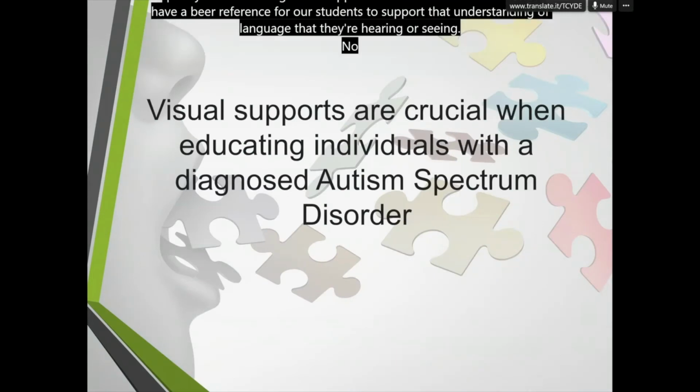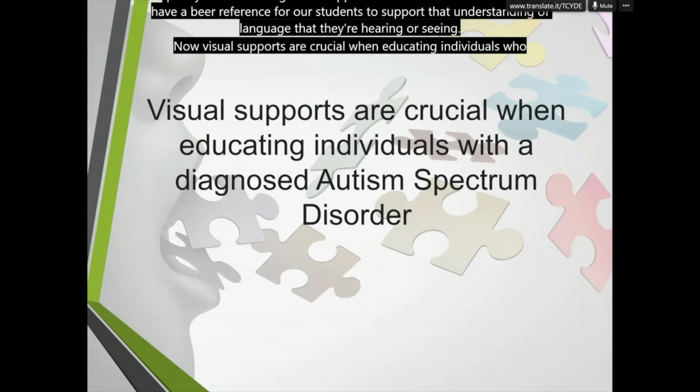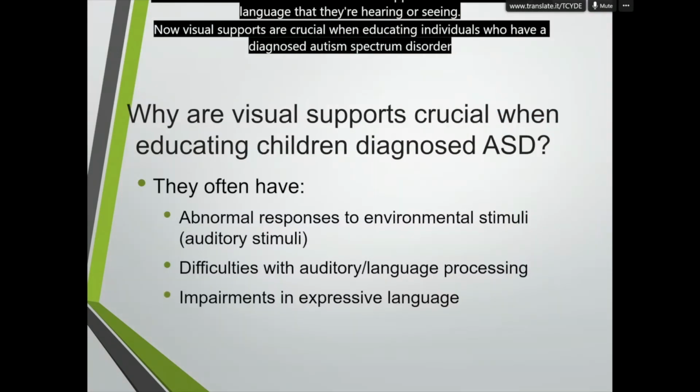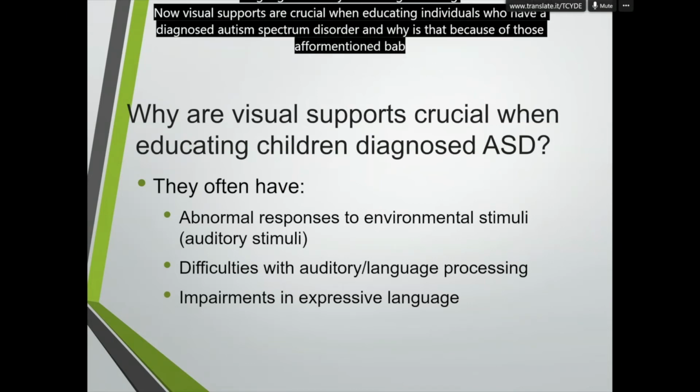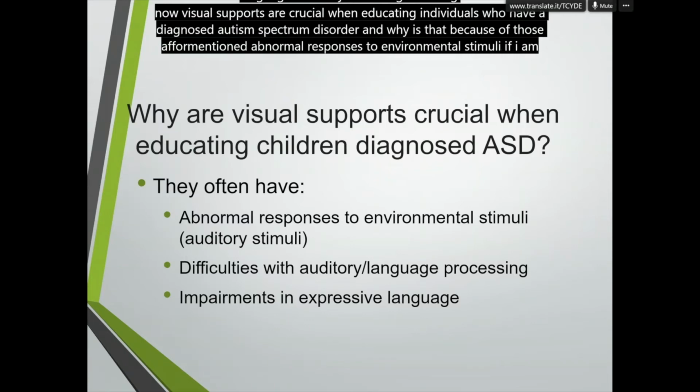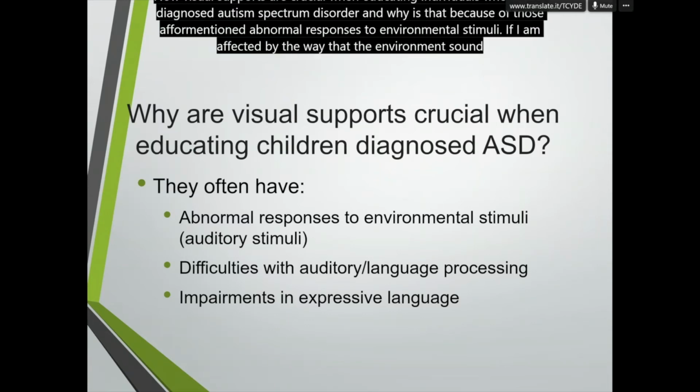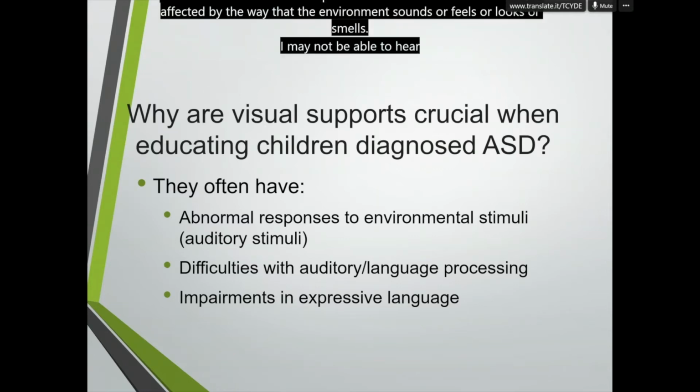Now, visual supports are crucial when educating individuals who have a diagnosed autism spectrum disorder. And why is that? Because of those aforementioned abnormal responses to environmental stimuli. If I am affected by the way that the environment sounds or feels or looks or smells, I may not be able to hear that language at that time.